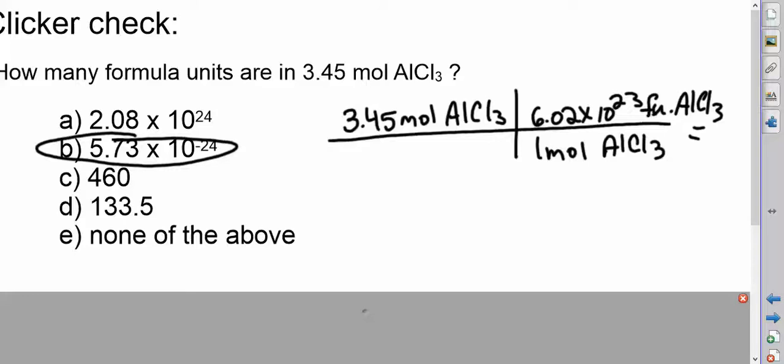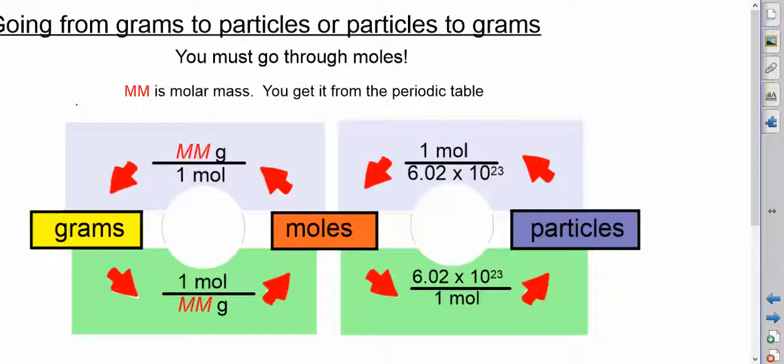So this is our mole map, and this is what I've just shown you how to do. Notice that moles are in the middle. If you're given particles, for instance atoms, molecules, or formula units, and you want to go to moles, you use this conversion factor first, divide by 6.02 times 10 to the 23rd, then you're in moles, and then you will use this conversion factor, multiply by your molar mass, and that will get you into grams.